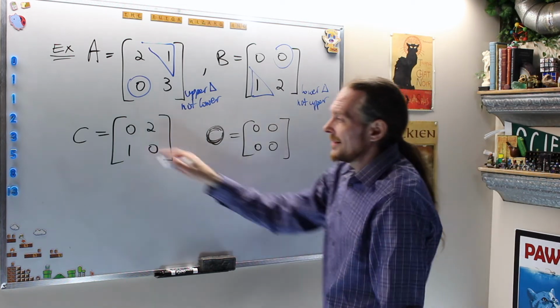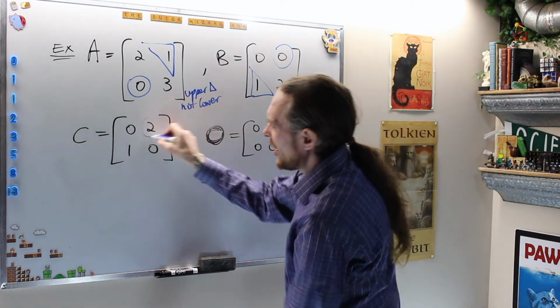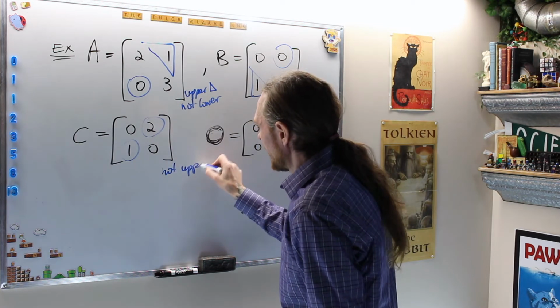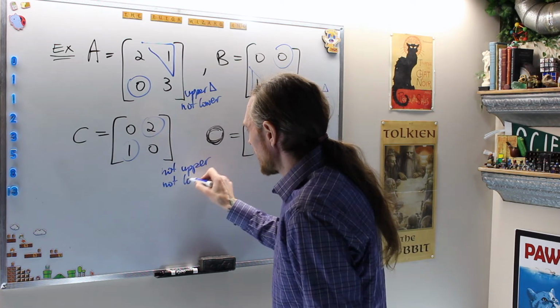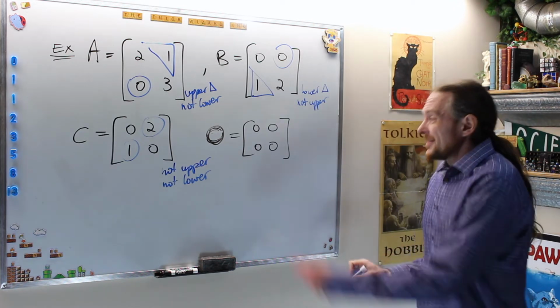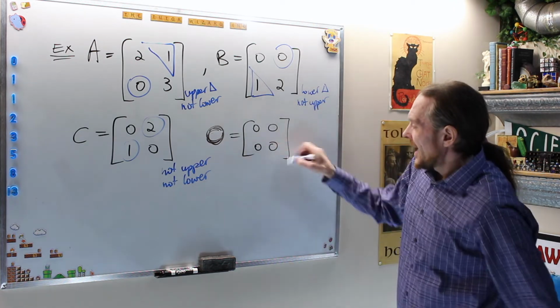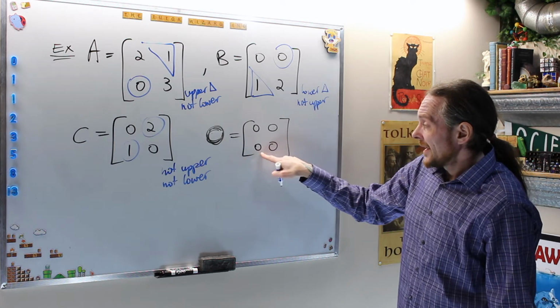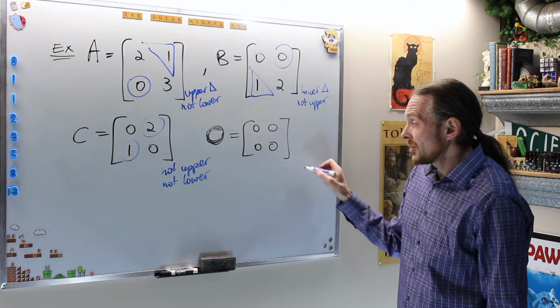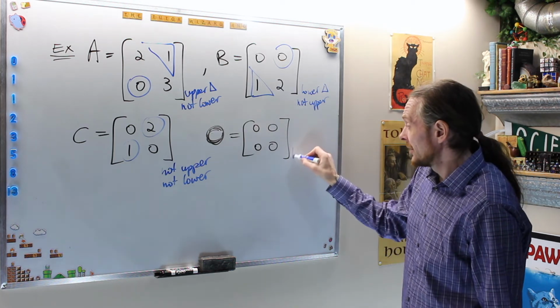This matrix has zeros on the diagonal, but has both off diagonals non-zero, so this is not upper triangular, and not lower triangular either. It's neither. The zero matrix for 2x2 has zeros on its diagonal, but it definitely has zeros on the off diagonals also, so it is both upper triangular and lower triangular.